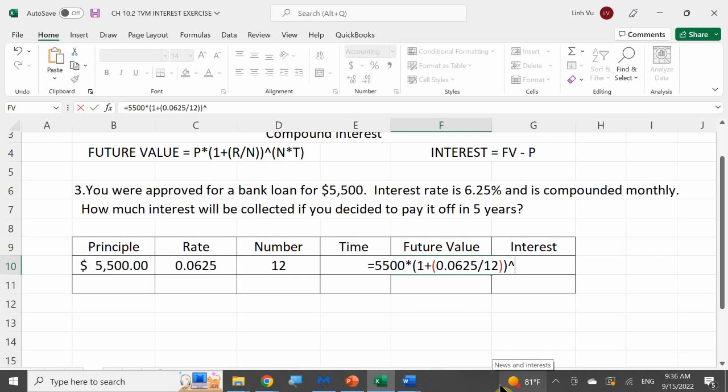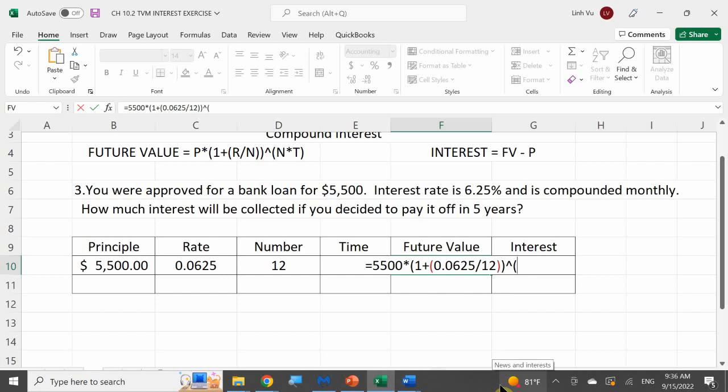And then I need to open up another parentheses because here I can't just put n plus n times t. Why? Because if I do that, I'm only going to have the 1 plus the rate divided by n multiplied by n, and that's not what I want. I want n times t.